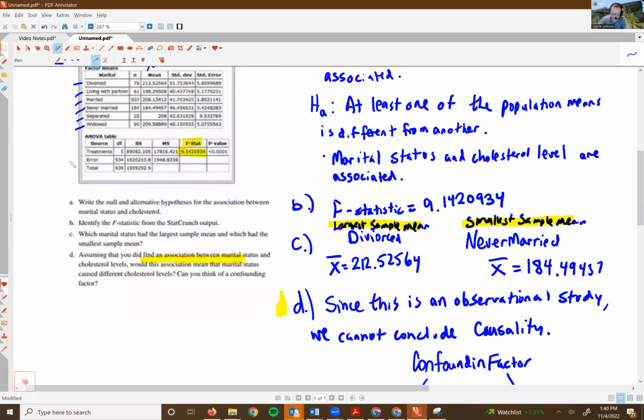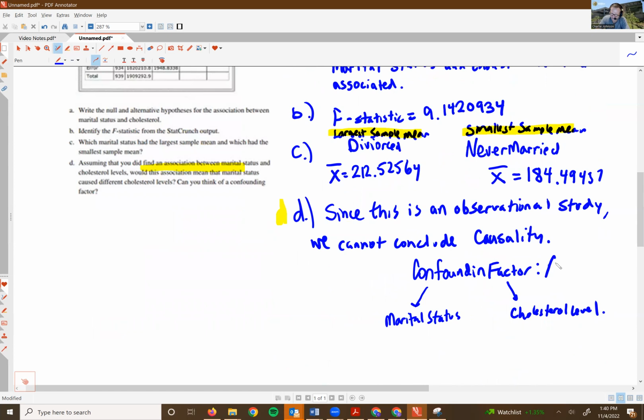So age is a confounding variable because young people are typically not married, and young people typically have lower cholesterol.